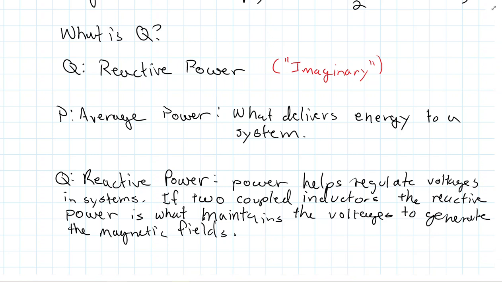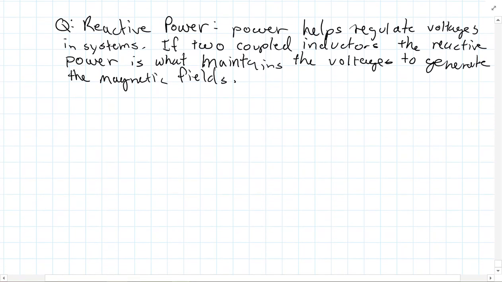But without reactive power, that process itself would not work. And so, yes, we don't get reactive power out on the other side of the transformer. We only get the average power back on the other side, but we still need that reactive power in order for the transformer to operate.